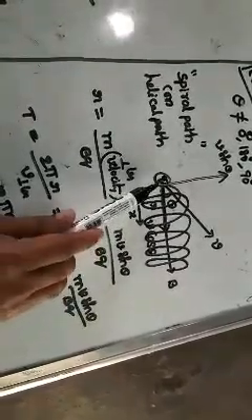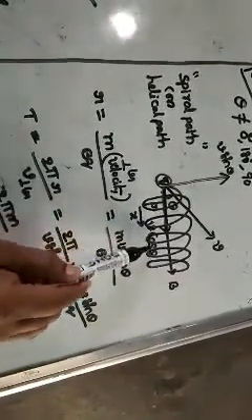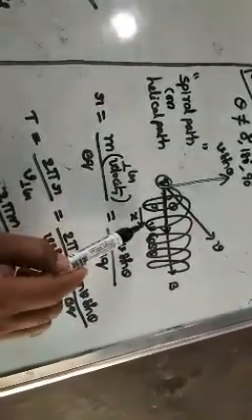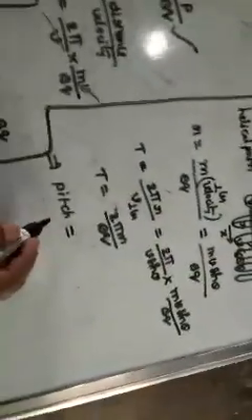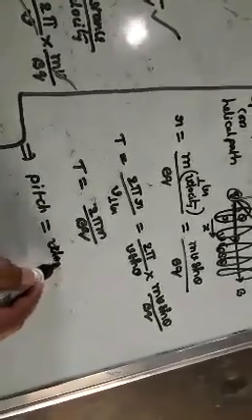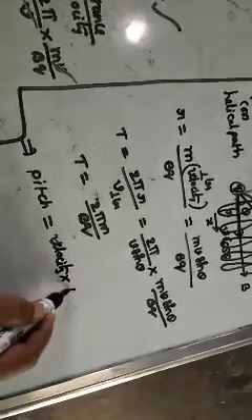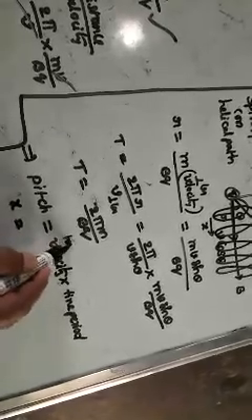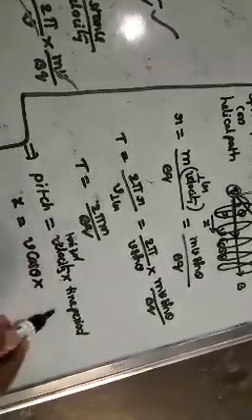Once again, look, in this direction the velocity is v cos theta. I want the horizontal distance, so pitch is nothing but horizontal distance. Distance is velocity multiplied by time, and here time means the time period. So x is equal to the horizontal velocity, v cos theta, times the time period 2 pi m by bq.